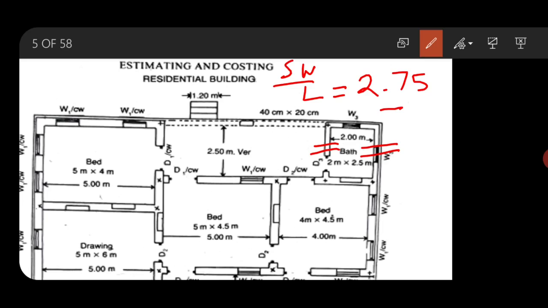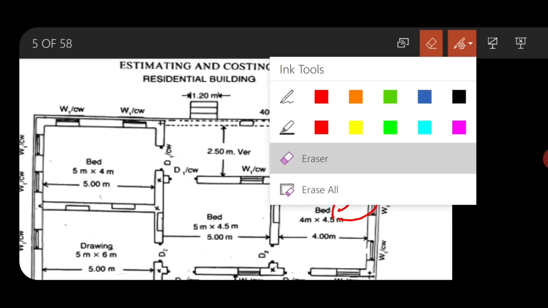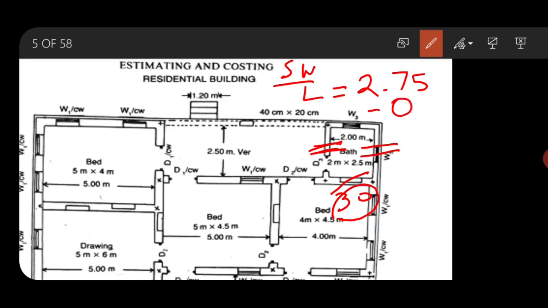See here, this short wall is connected on one side to a 30 centimeter wall and on the other side to a 20 centimeter wall. Clear? So from the center to center length we have to subtract half of the width of the DPC of the 20 centimeter wall and half of the width of the DPC over the 30 centimeter wall.